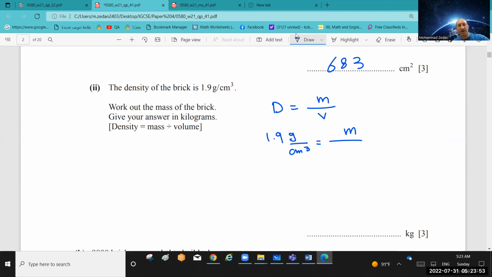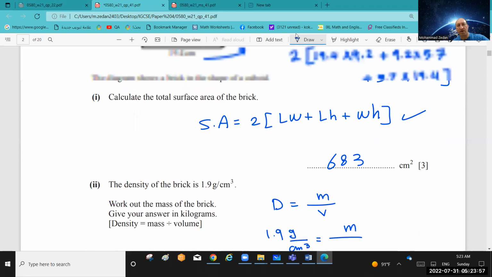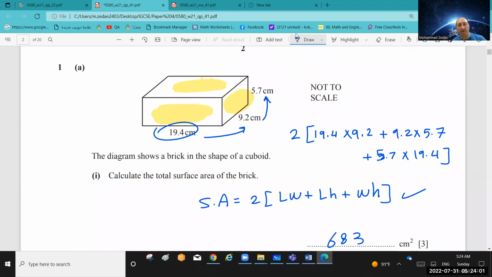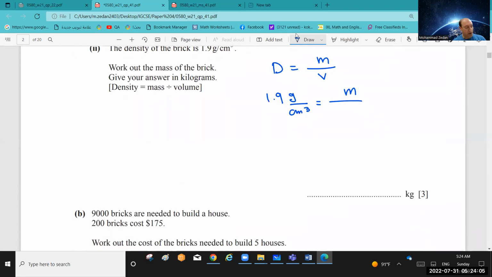The volume of the brick is the product of the 3 dimensions, length times width times height. So this product is 19.4 times 9.2 times 5.7.